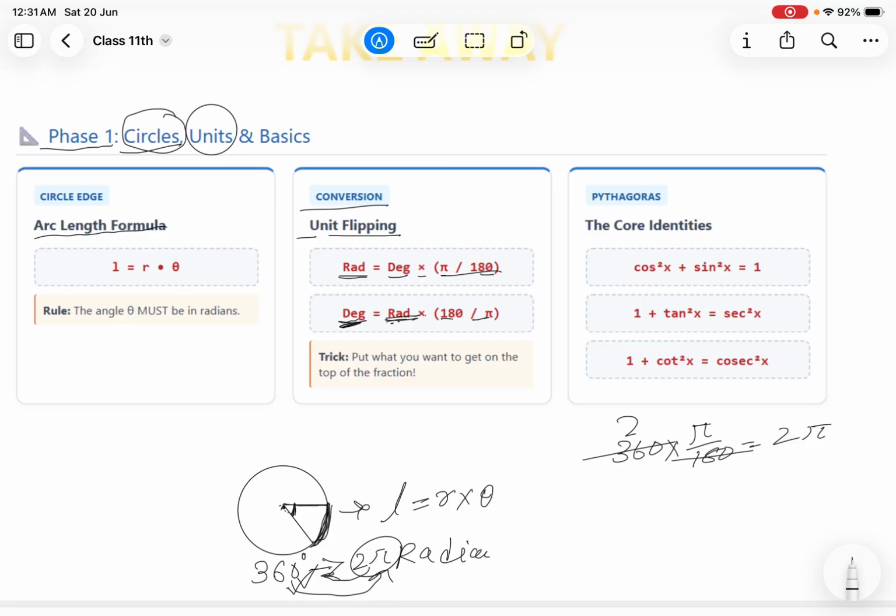Now the third thing, Pythagoras. With Pythagoras, if we have a right angle triangle, this is the right angle, and here we have theta, and this is A, B and C. So AB square plus BC square equals AC square.